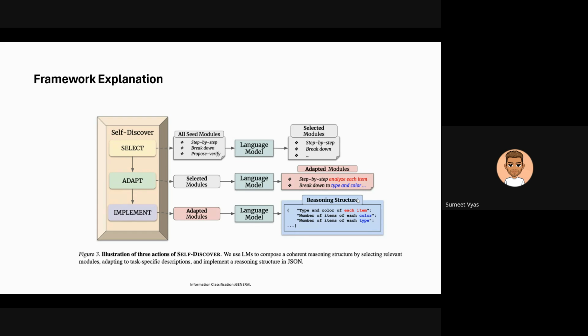Although, for simple discussion, a reasoning structure can obviously have any sort of structure. Maybe an if-else kind of structure would have sufficed too, but they claim that this kind of JSON reasoning structure also does well for them.